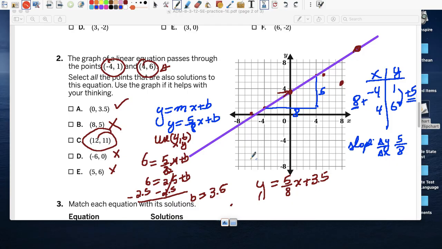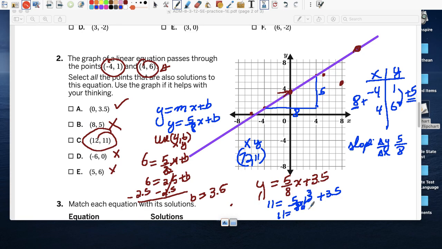So we get 11 equals 5 over 8 times 12 plus 3.5.